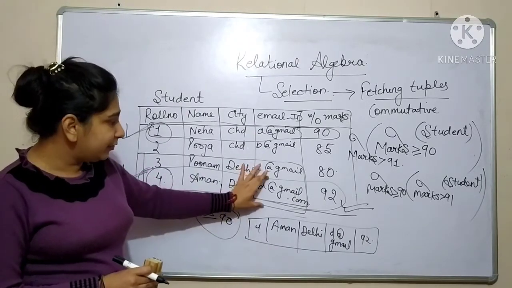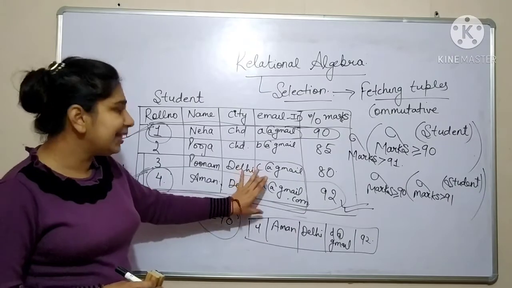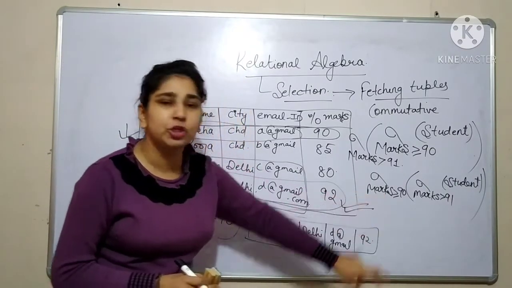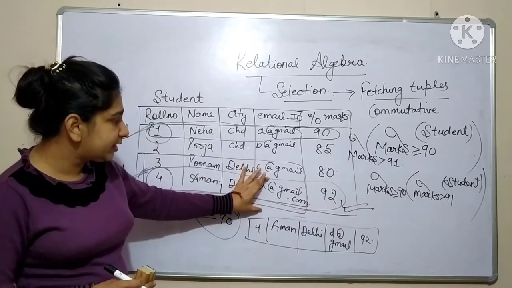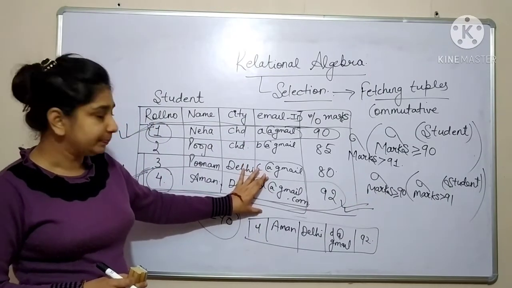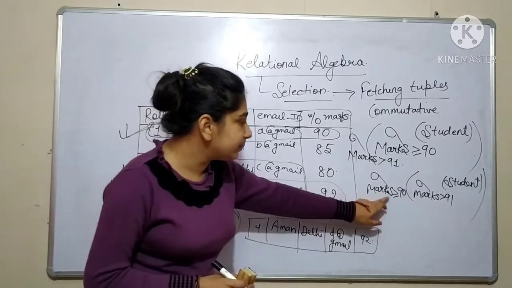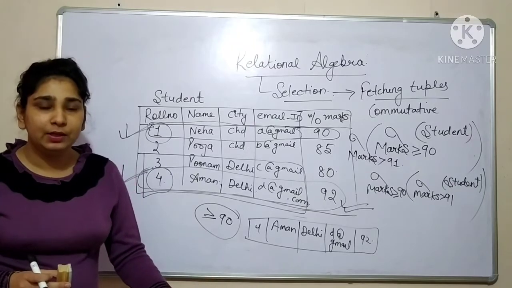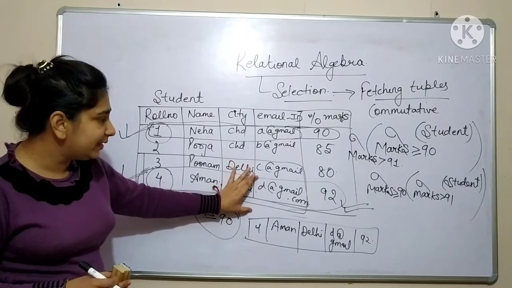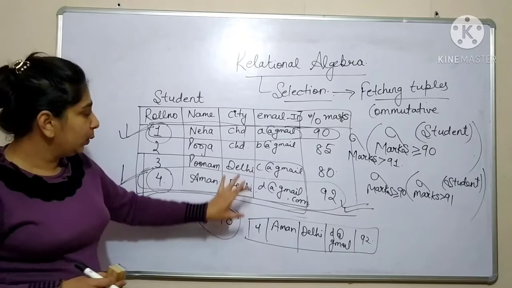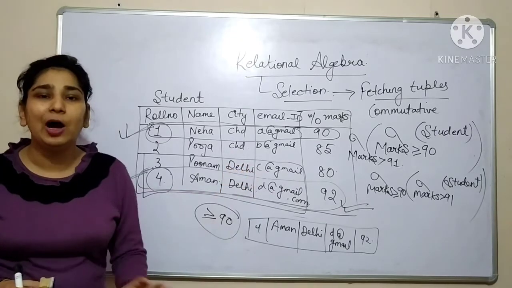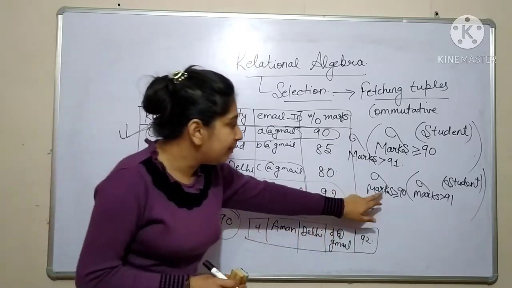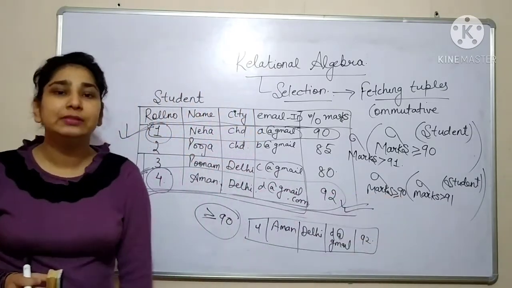Okay, after getting this tuple in the output, I am performing this selection operation on this tuple. It says marks should be greater than equal to 90. We just have this tuple in the output, and the next filtering I am applying is marks should be greater than equal to 90.